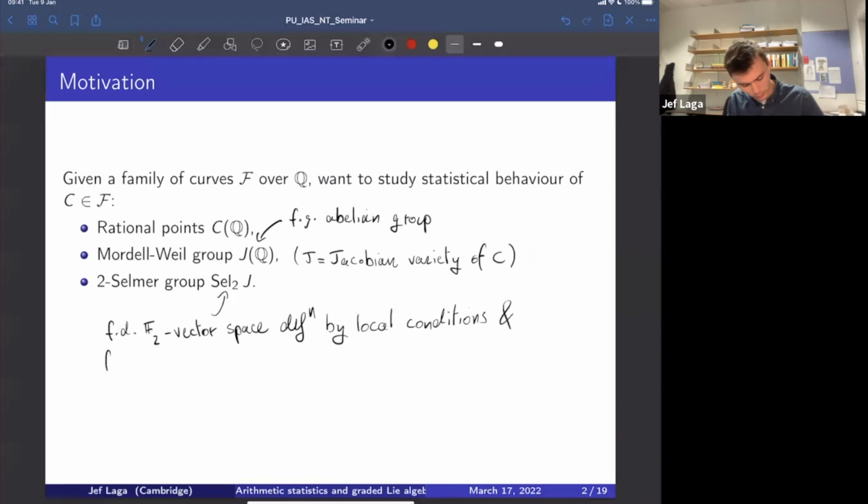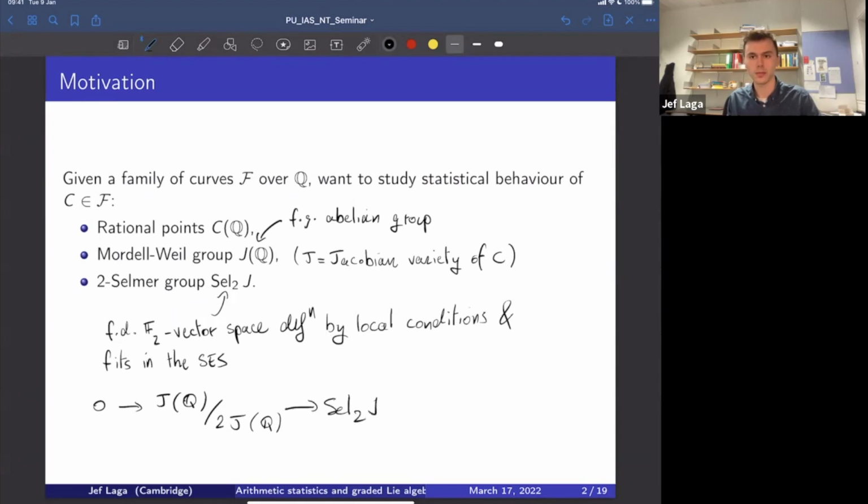And it fits in the following short exact sequence, where we start on the left with the mod 2 Mordell-Weil group, which injects into the 2-Selmer group. And the cokernel is measured by some failure of the local-global principle, which in this case would be the 2-torsion in the Sha group.